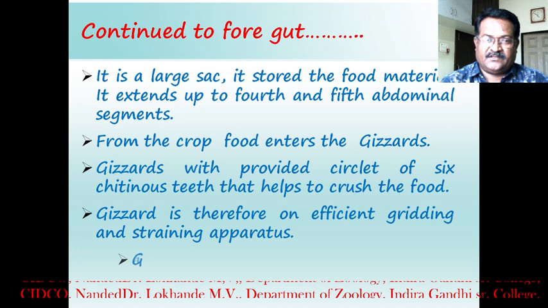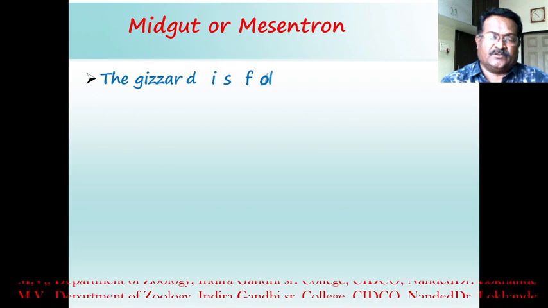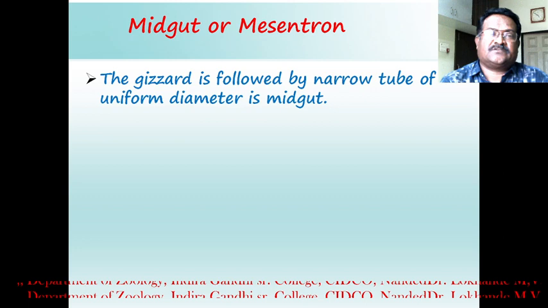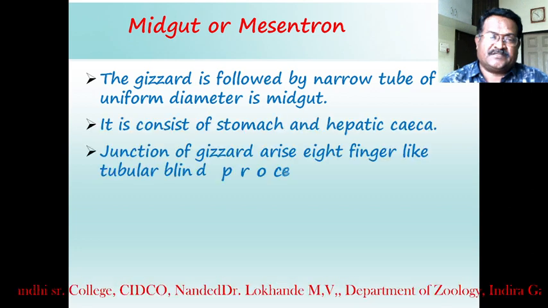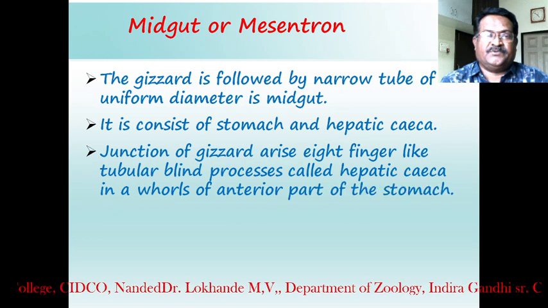The second part is the midgut, or mesenteron. The gizzard is followed by a narrow tube of uniform diameter, called the midgut, which consists of the stomach and the hepatic caeca. At the junction of the gizzard and midgut arise eight finger-like tubular blind processes called hepatic caeca, in a ring at the anterior part of the stomach.